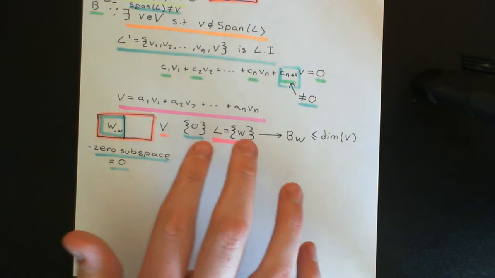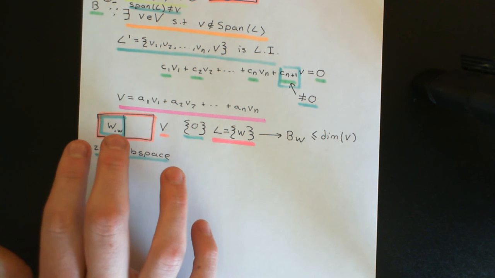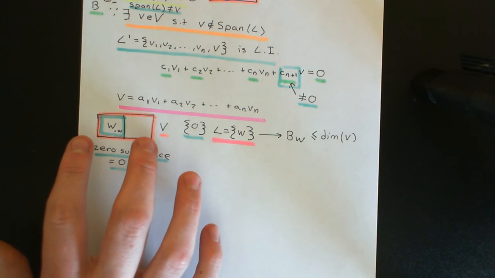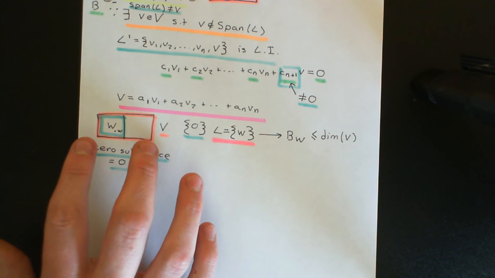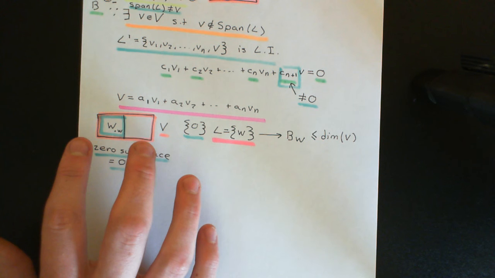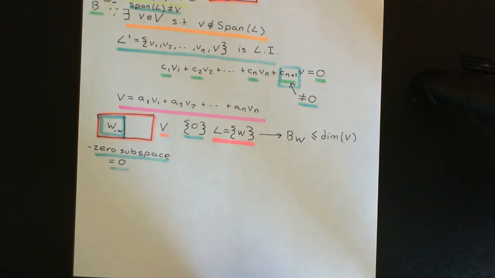It's because if I've got a set of vectors in W that is linearly independent, it's also linearly independent in V. We know that all sets that are linearly independent in V have order less than or equal to the dimension of V, which is a finite value.